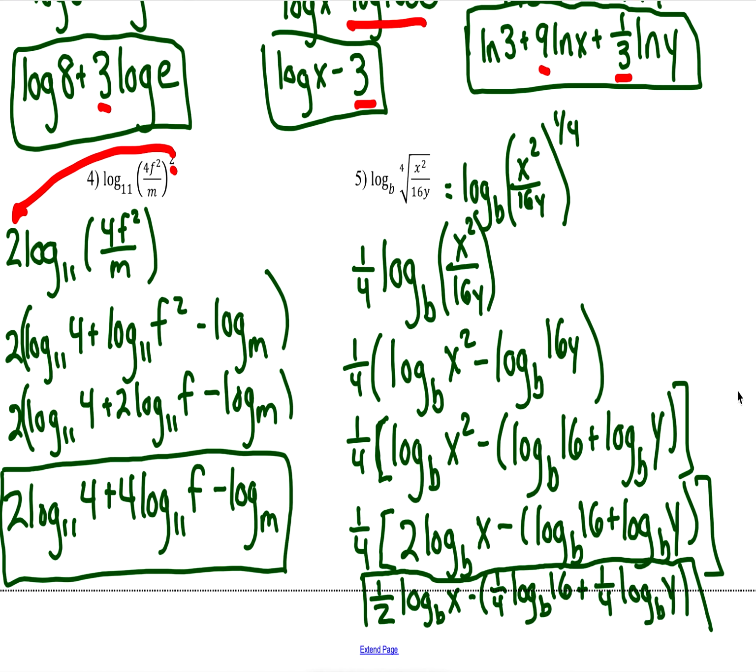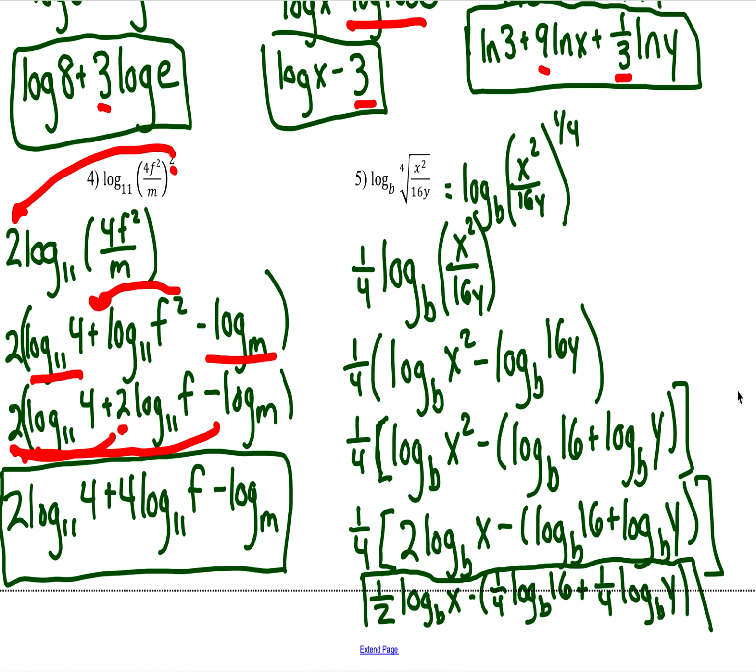And then, okay, so this log's good, this log, I gotta bring that 2 out in front, this log's good, so I brought the 2 out in front here, and then the last step is you just gotta distribute this 2 on the outside into every single log. Oh, and look at that, I forgot to distribute that 2 to that last log.